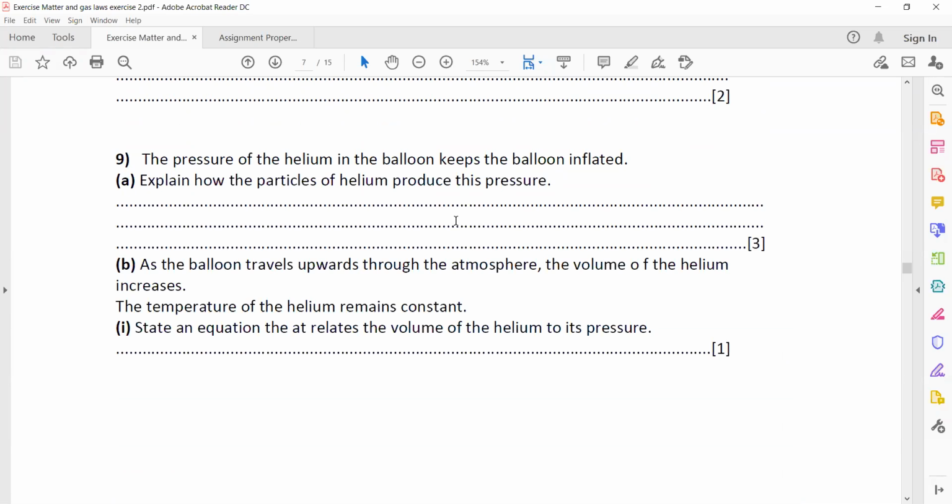The temperature remains constant. State the equation that relates the volume and the pressure. So pressure and volume, PV is equal to constant. That's the equation. Or you can say P1 V1 equals P2 V2. Both are the same thing.